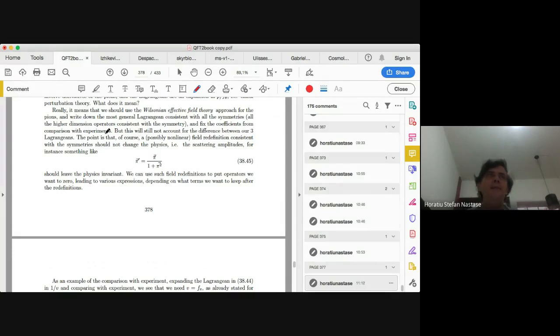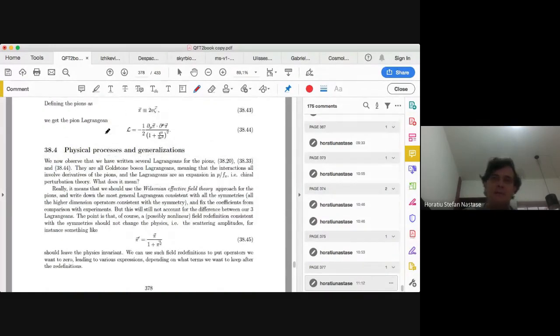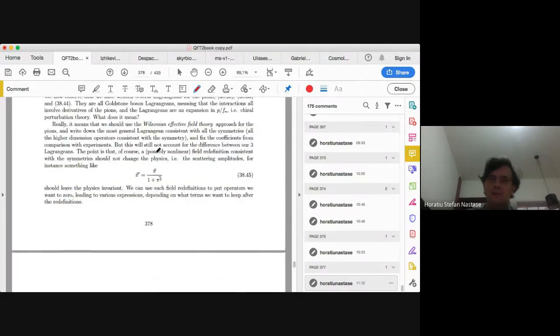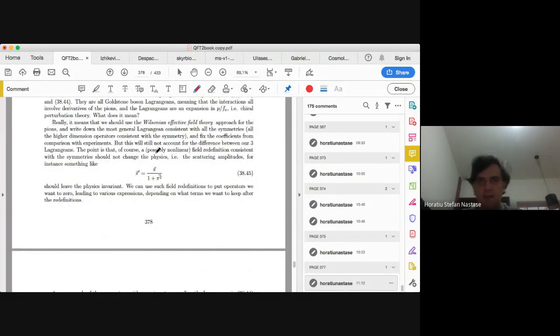But then we say, well, at 2 derivatives, we clearly did not write the most general Lagrangian, because we have 3 different Lagrangians that have 2 derivatives. And yet, how do we compare with experiment? Well, the point is that there's also a possibility of doing a possibly nonlinear field redefinition that's consistent with the symmetries.